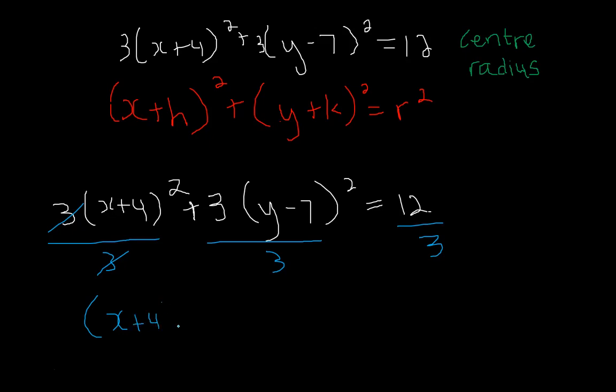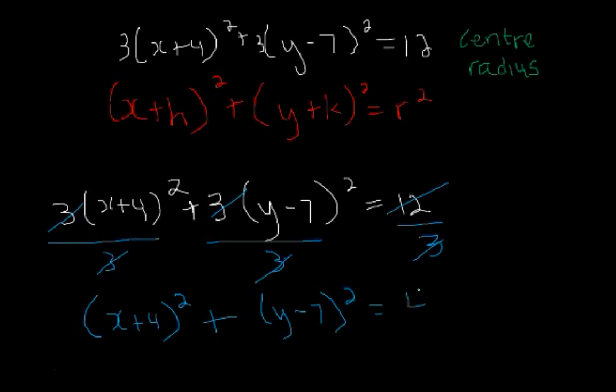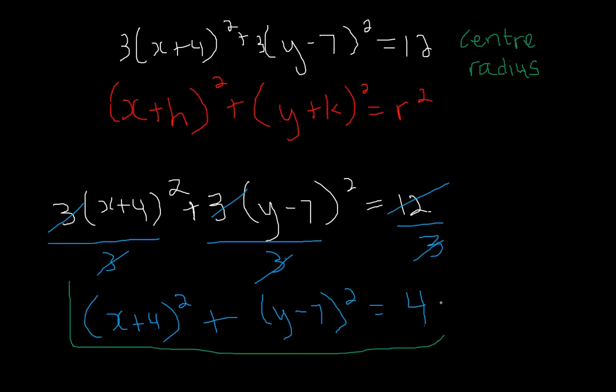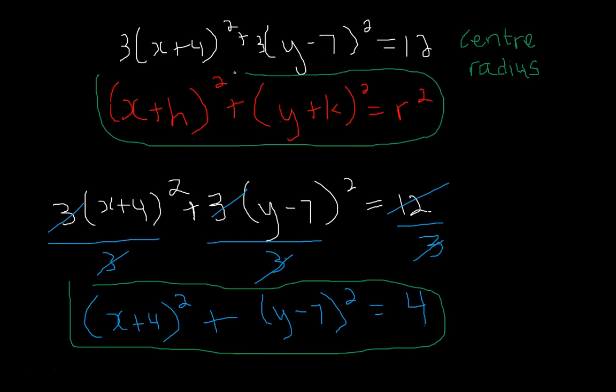I end up with (x plus 4) squared plus (y minus 7) squared is equal to 12 divided by 3, which is 4. And now I have it in the standard form, and I can now find my center and my radius.